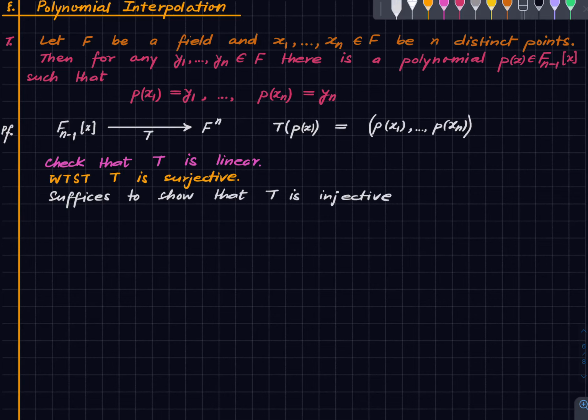Well, we didn't really prove this particular statement, but we did a simpler version of it. So let me outline what I'm really using. I'm using this fact that if T from V to W is linear and dimension V is equal to dimension W, then T is injective if and only if T is surjective.